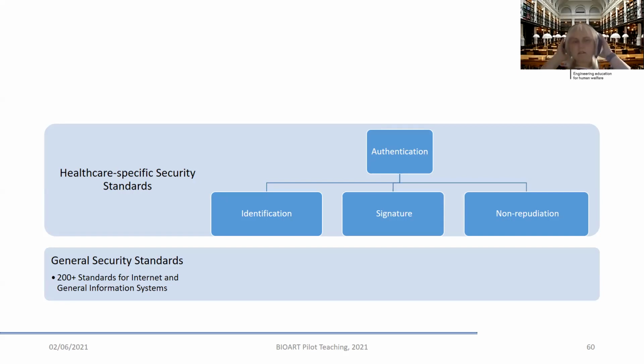Standards in healthcare applications could be divided into two parts: specific healthcare standards and general security standards for informational systems and automation.